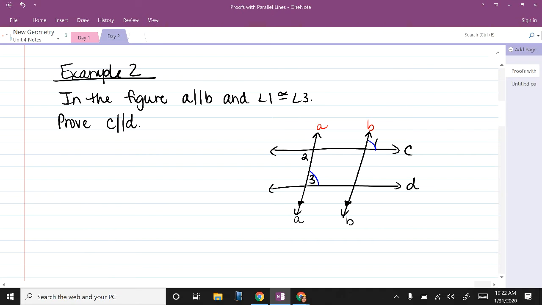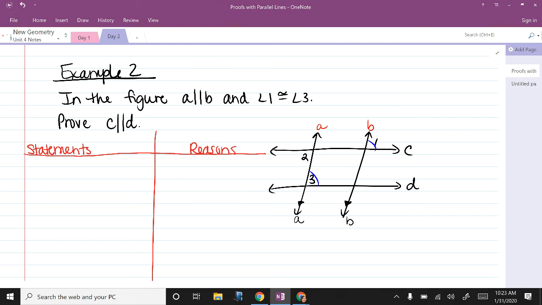And you probably could go ahead and tell me the given. That's a 1 with a little art mark showing that they're congruent because it told me that angle 1 and angle 3 are congruent.